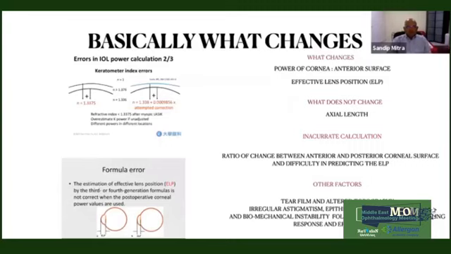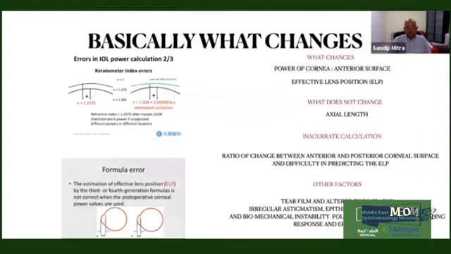The basic problem is that all of them change the anterior curvature of the eye. And we know that the static formulas, all the regression formulas, depend on the K readings, the axial length, and the effective ELP, or effective lens position.